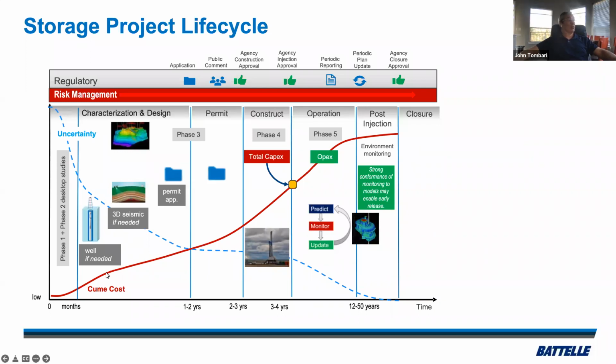We look at desktop studies in two phases, preliminary and then more sophisticated, where we do some of the preliminary modeling to determine the area of review and so forth. Once you've moved past desktop studies and a gap analysis is done, asking whether you have the data you need to get a permit, the next steps in the characterization and design phase are drilling a data well, collecting data, shooting 2D or 3D seismic if needed, and filling out the permit application we've talked about before.